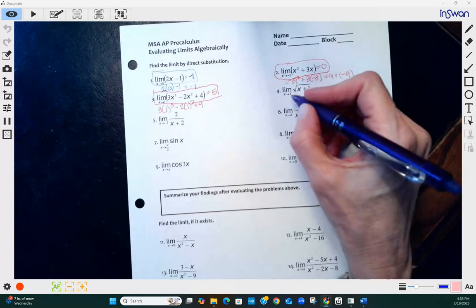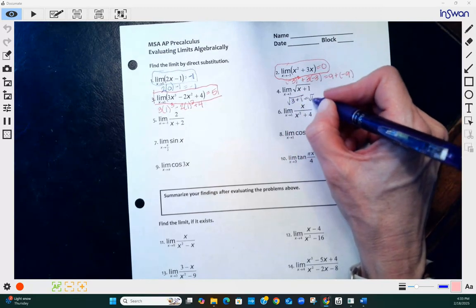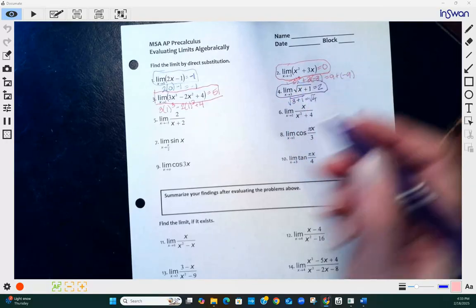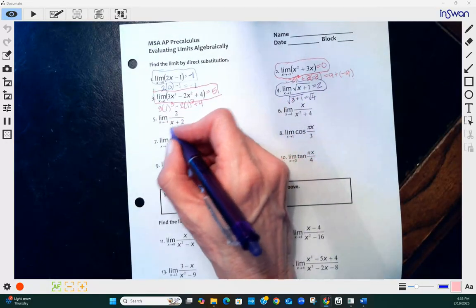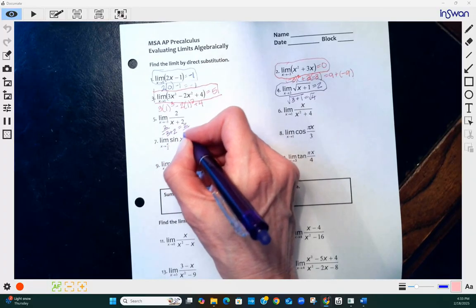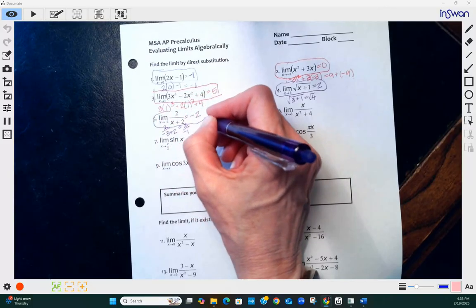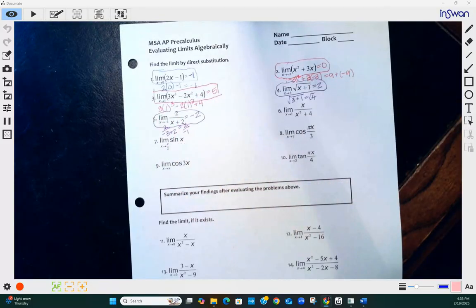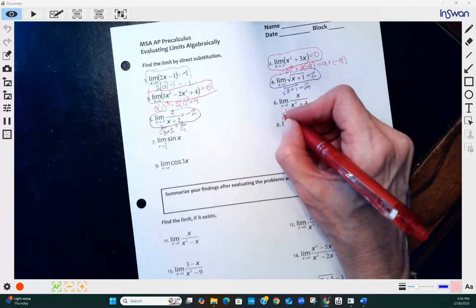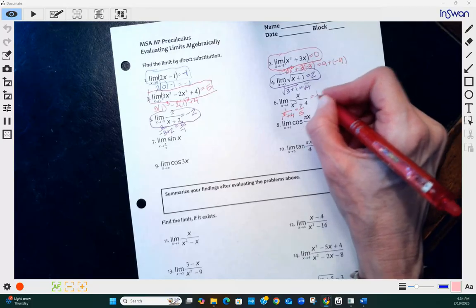Alright, keep going, substitute in the 3, square root of 4, so here my limit is 2. 2 over -3 plus 2 is 2 over -1, so the limit here is -2. Substitute in 1 here. 1 over 1 squared plus 4 is 1/5.